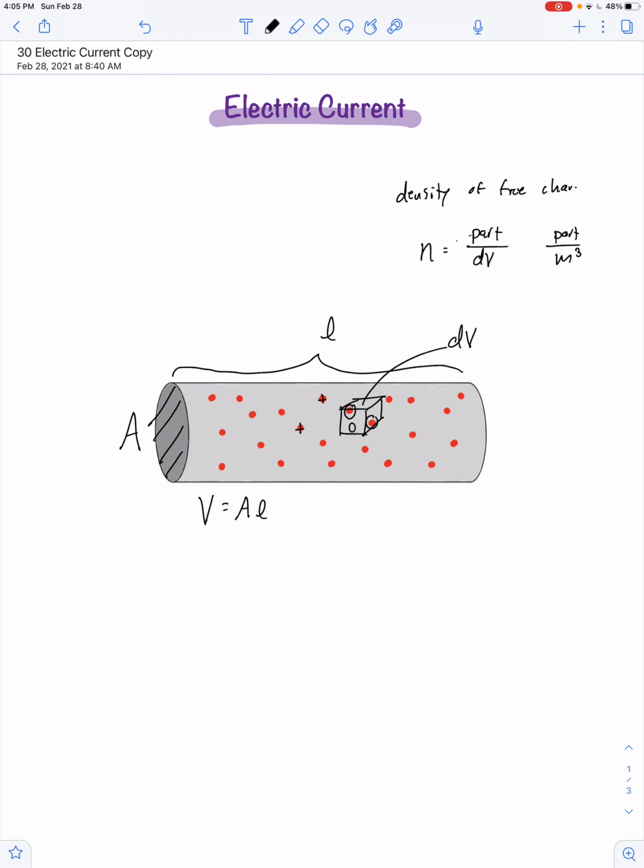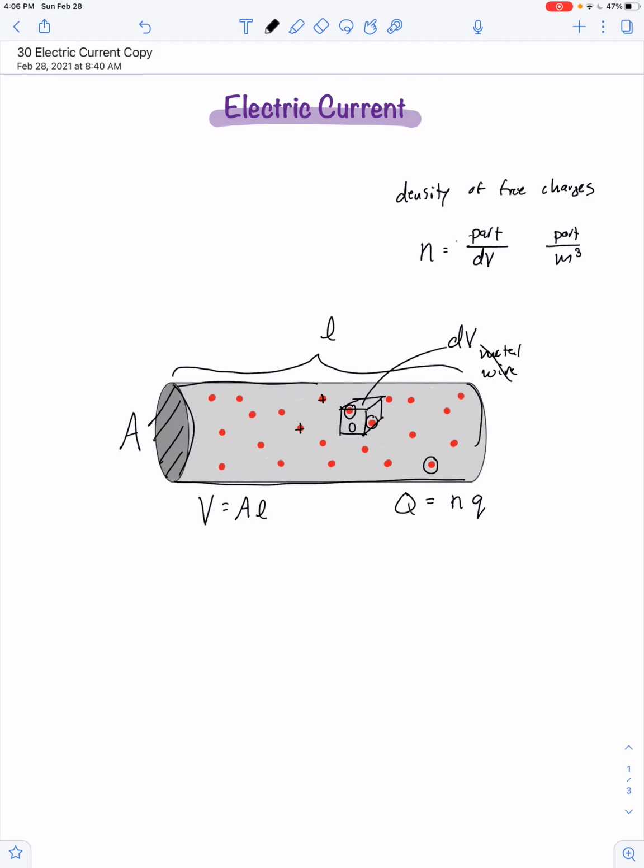of free charges. Now if I want to get a sense of how much charge overall is in this cylindrical conductor, then I would need to multiply the density of charges times the amount of charge per particle. Now if all of these were electrons, then the charge per particle would be 1.6 times 10 to the negative 19th coulombs, but I haven't made up my mind yet that this is a metal wire.